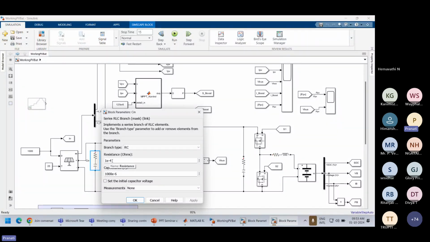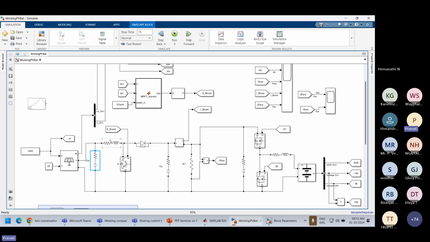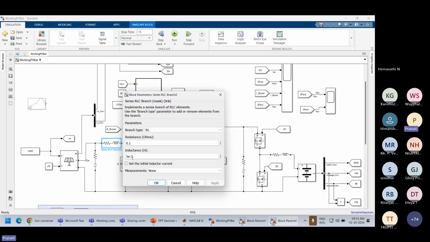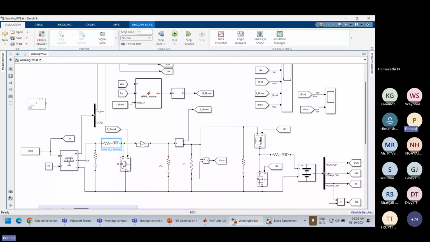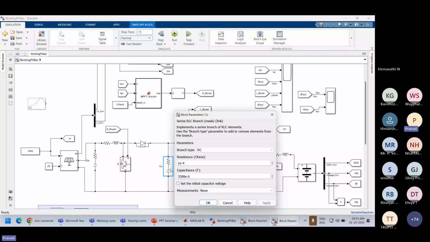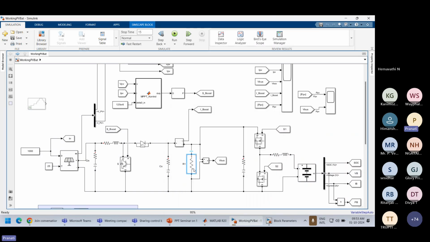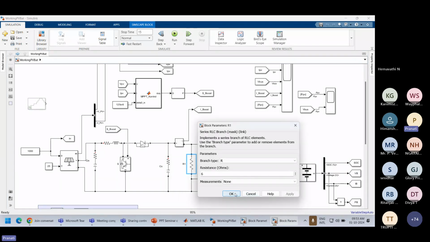You can consider only the value of the capacitor and do your simulation also. Then the inductance value is 5e minus 3, 5 millihenry, and 0.1 as the resistance. Then this is the switch, this is the diode, and this is the output capacitor of 3300 microfarad, having a parasitic resistance, which is given to a load of 6 ohms.